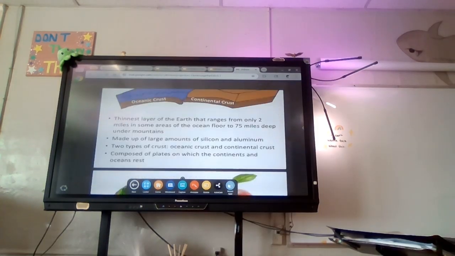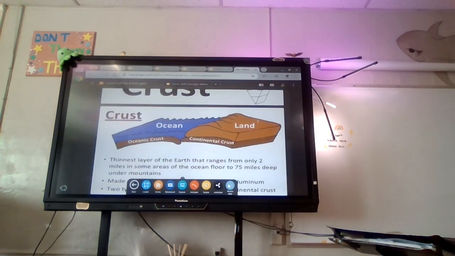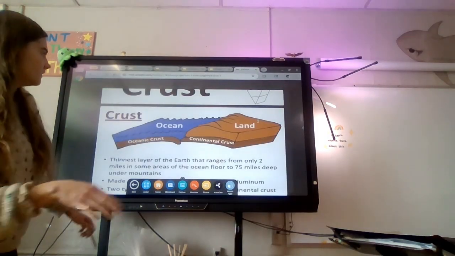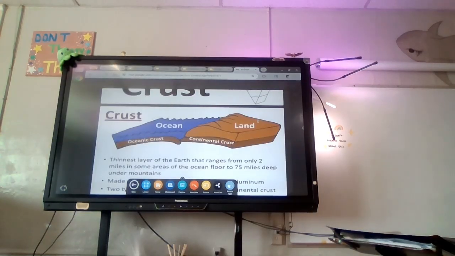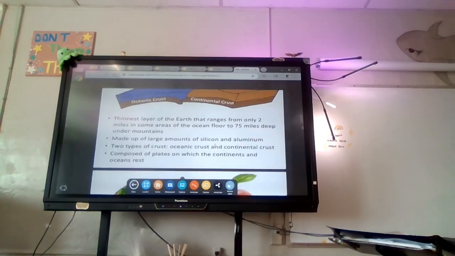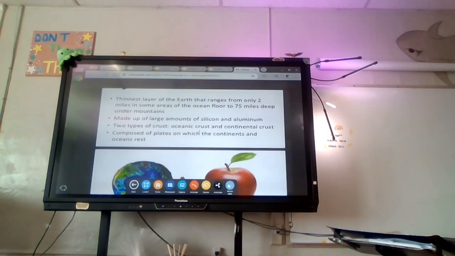And then you have the two different types of crust. Oceanic, which is underneath all of the oceans, and the land. And the crust is the thinnest layer of Earth.